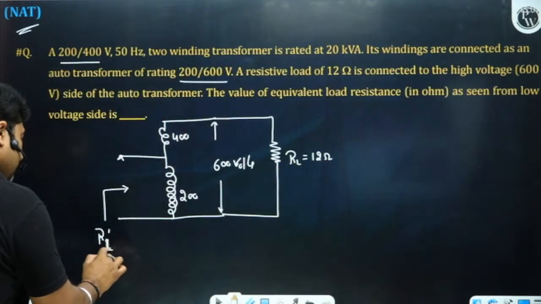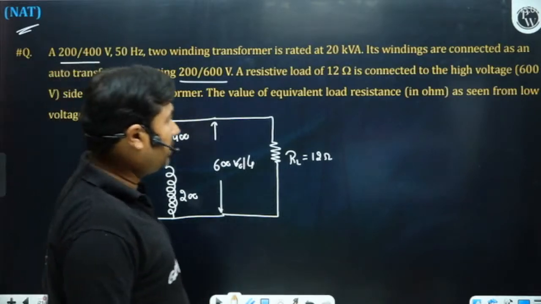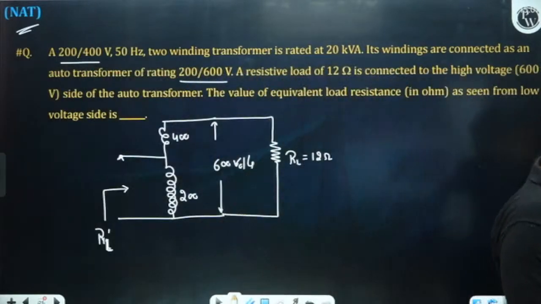RL dash means the value of resistance seen from the low voltage side. I need your response. How many of you are able to understand up to this part?